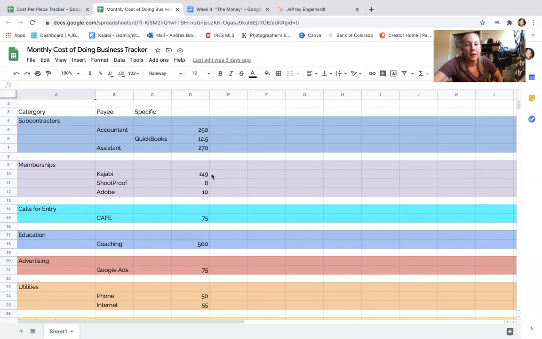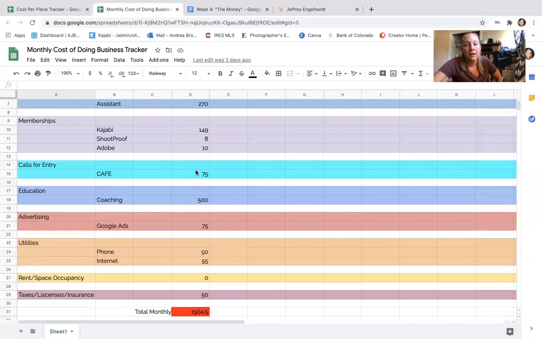I pay to house my website and my courses. I pay to house my galleries. I pay to have editing software. Okay. I set aside money for calls for work because there's usually charges involved there. I set aside money for my education because it's important. Just like you dedicate money to your education, I dedicate my money to my education as well.